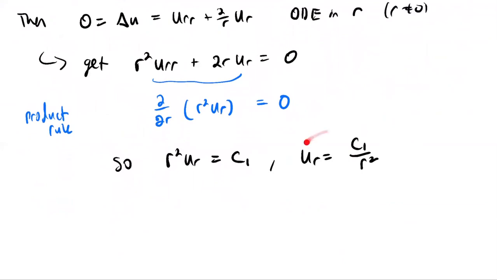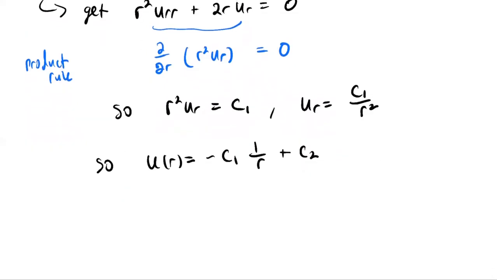But again, this is all just a function of one variable, right? This means that the first derivative of U with respect to R is C1 over R squared. I know how to take the antiderivative of both sides, right? So this tells me that my function U of R is the antiderivative of the left-hand side. So this is minus C1 times 1 over R plus C2, right? And that's the solution. So this is a harmonic function.